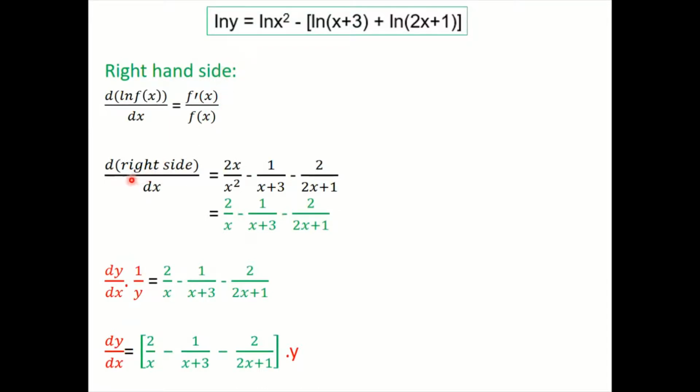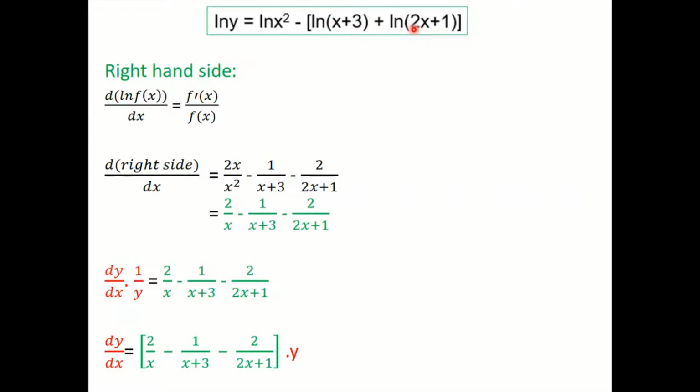Okay, so now we are going to differentiate the right-hand side of the equation with respect to x, and we are still using this rule of differentiation with respect to natural logarithms, and we need to apply this to each of the natural logarithms that we now see on the right hand side.